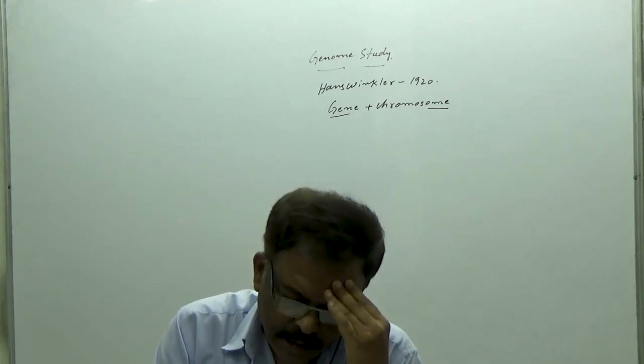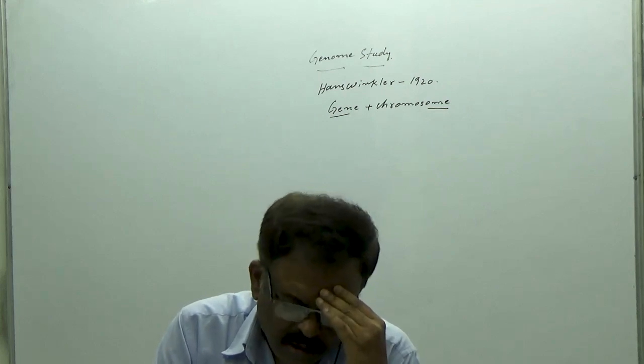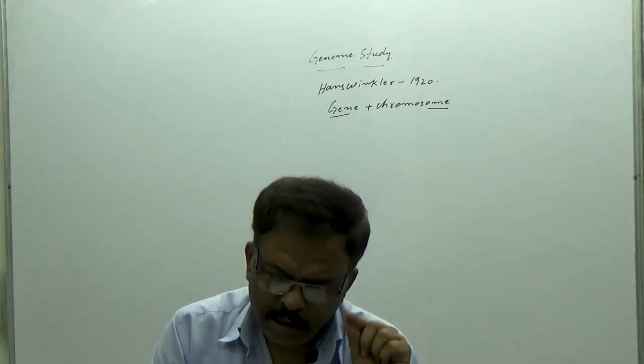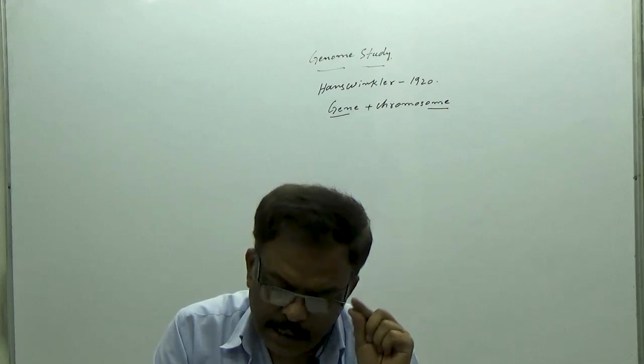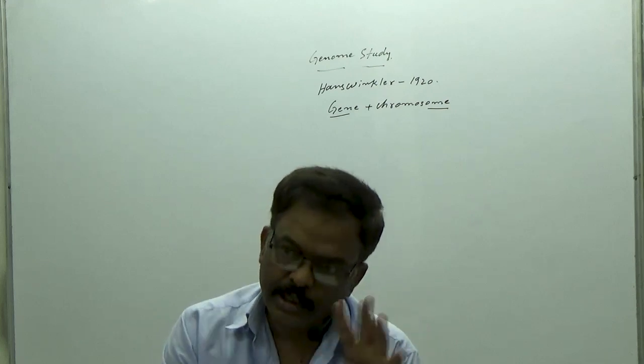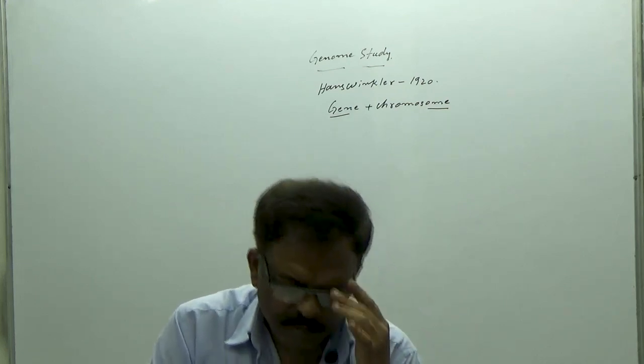Total genetic constitution of an individual means total hereditary information encoded in DNA is known as genome. I hope it's clear.